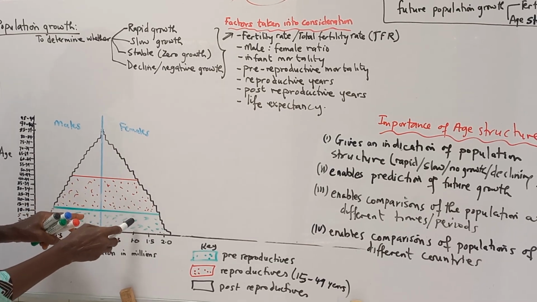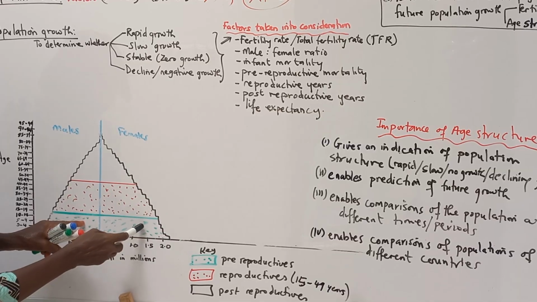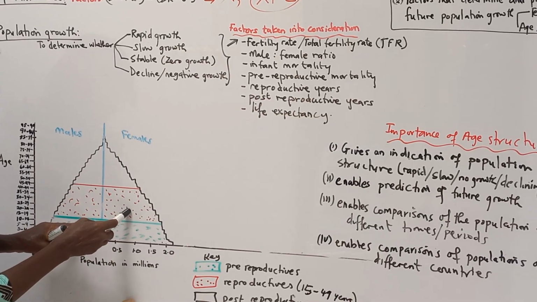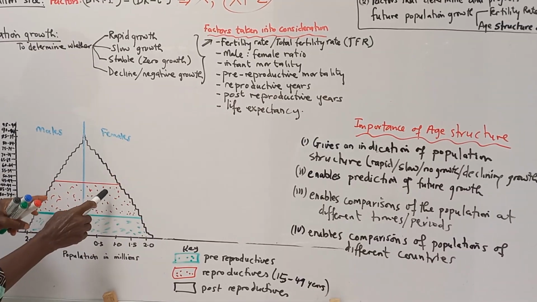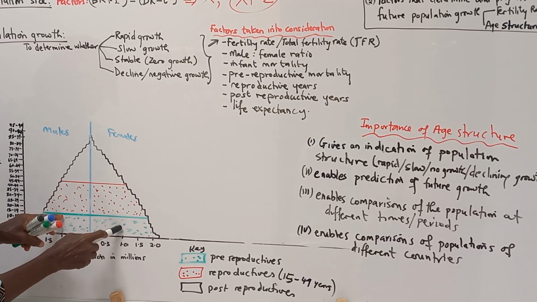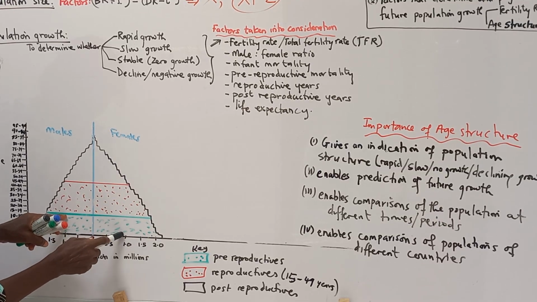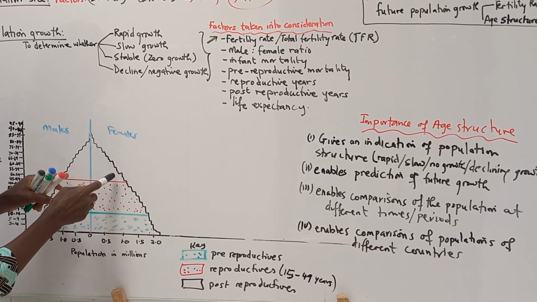At the same time, the pre-reproductives, the young ones, are also growing, and they will grow to become reproductives, producing babies and filling up. So this is an age structure that shows that the population is a rapid population growth, and the population will keep on growing rapidly.